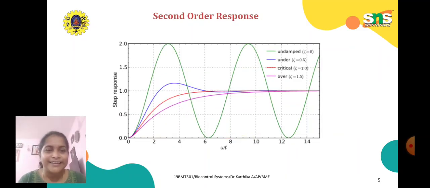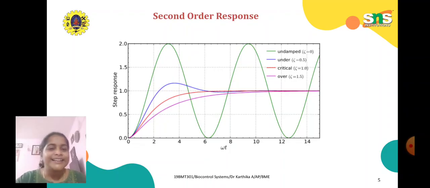See here how the second order response is denoted. We have already seen the oscillations and signals of underdamped, critically damped and overdamped systems. Here is the collection of second order responses. On the x-axis we have omega n t, and on the y-axis the step response.